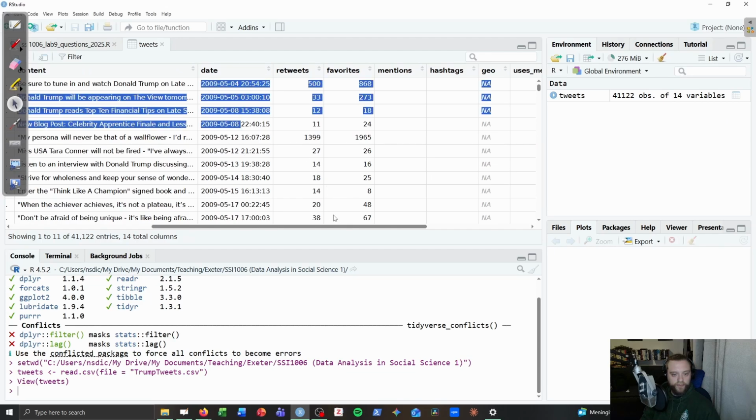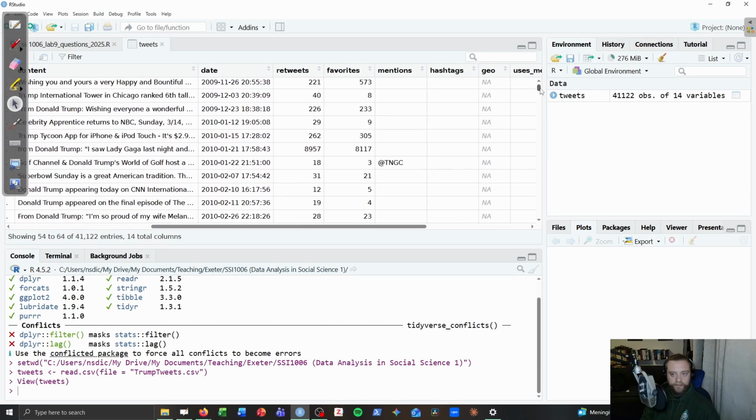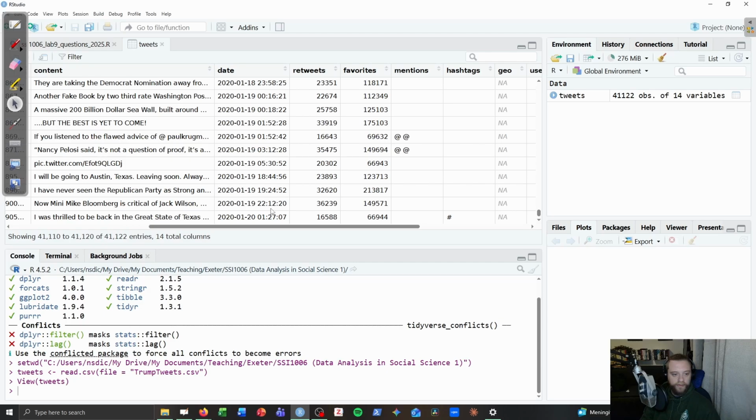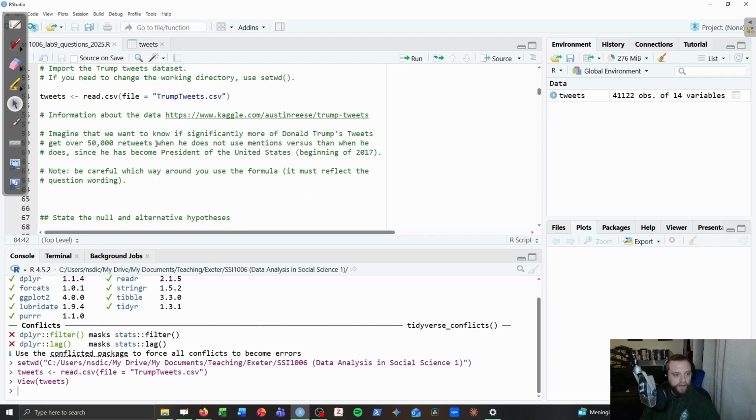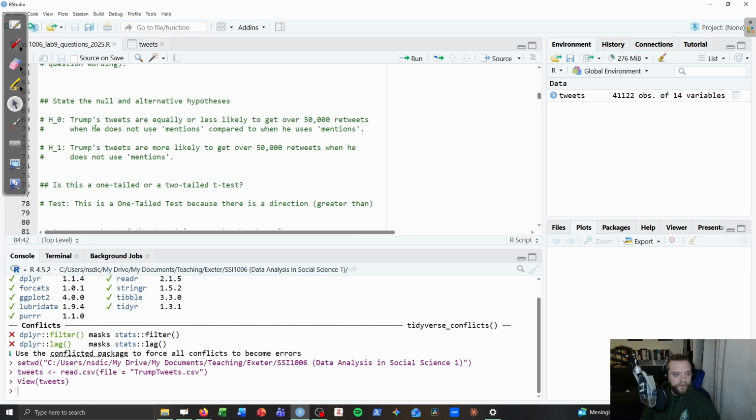We've got these from 2009 through to, at the bottom of this list, early 2020. And the question we're going to investigate is this one: are Trump's tweets equally or less likely to get over 50,000 retweets when he does not use mentions?